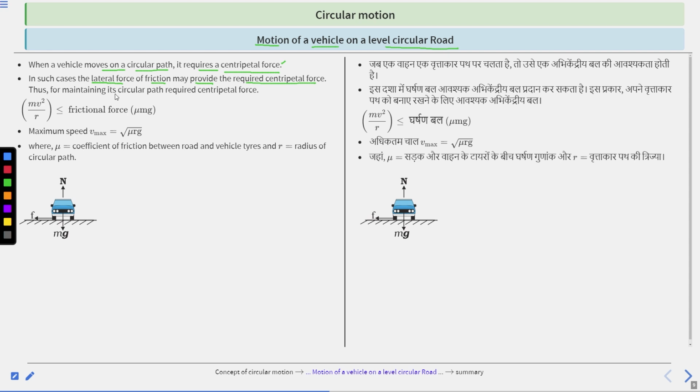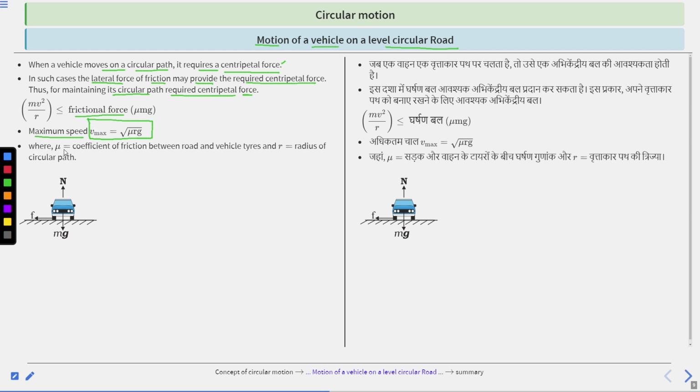Thus, for maintaining its circular path, the required centripetal force, which is mv square by r, is less than or equal to the frictional force, which is mu mg, where mu is the coefficient of friction. And maximum speed v maximum is equal to under root mu r g. Clear? This is the maximum speed.